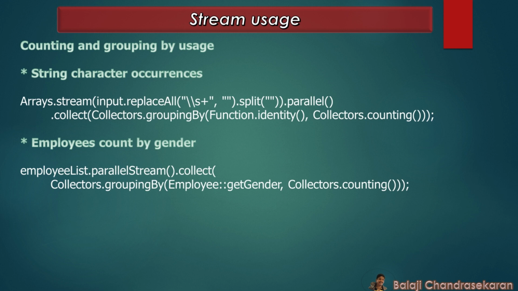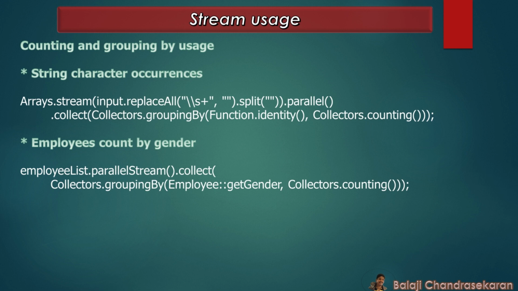The second code snippet processes a stream of employees in parallel, grouping them by their gender and counting the number of employees in each gender. Let us break it down step by step. The collect operation is a terminal operation that collects the elements of the stream into a result. In this case, it collects the employees into a Map object with String keys and Long values. The collector groups the elements of the stream by a classifier function, that is the Employee::getGender method reference, which returns the gender of each employee.